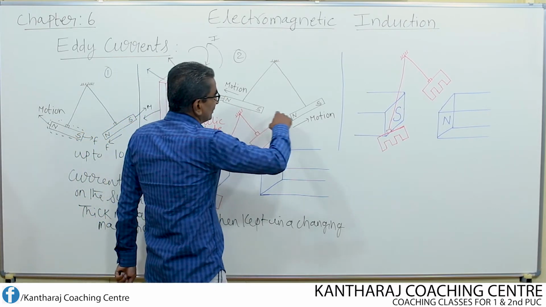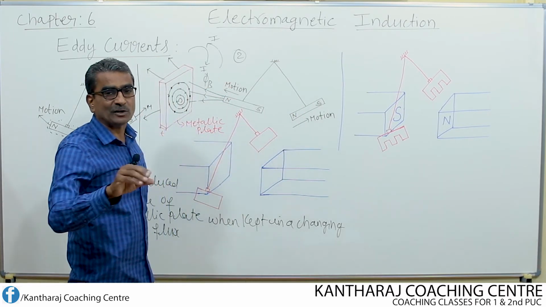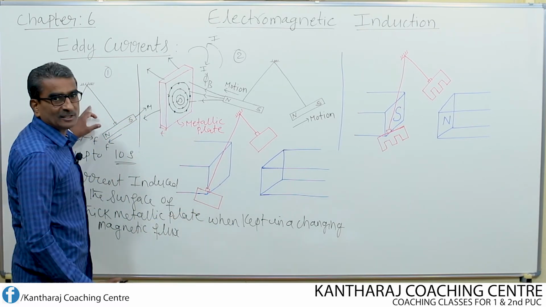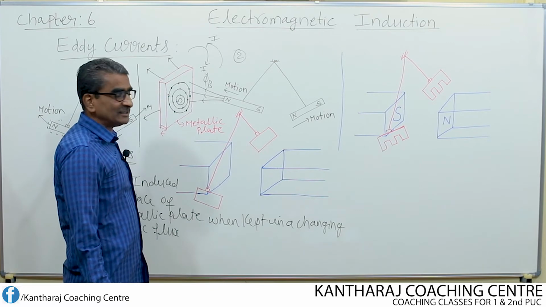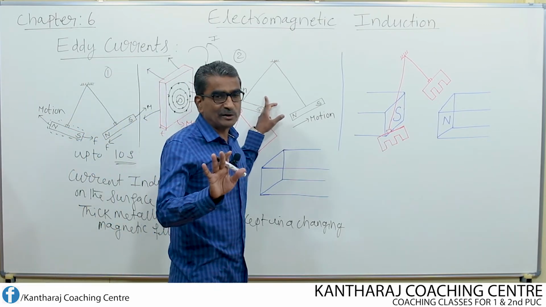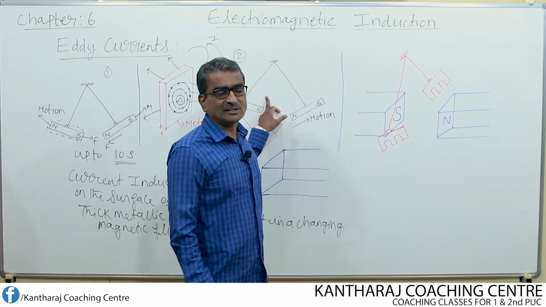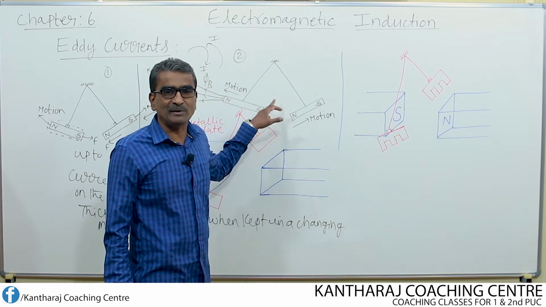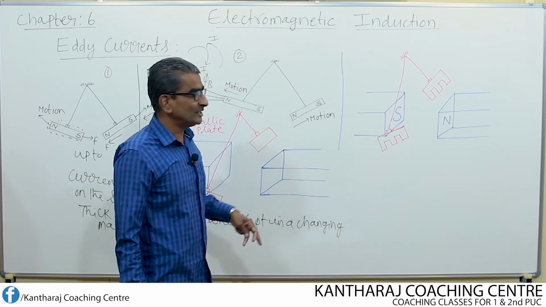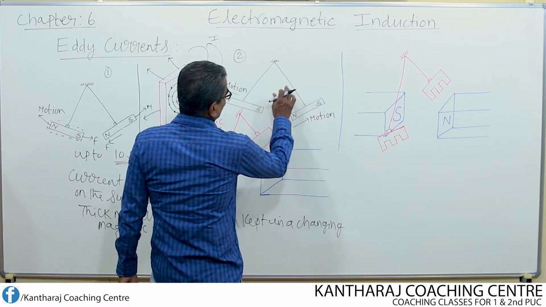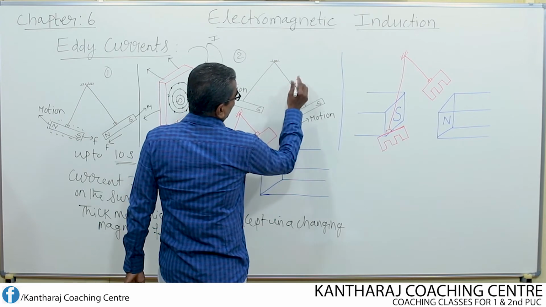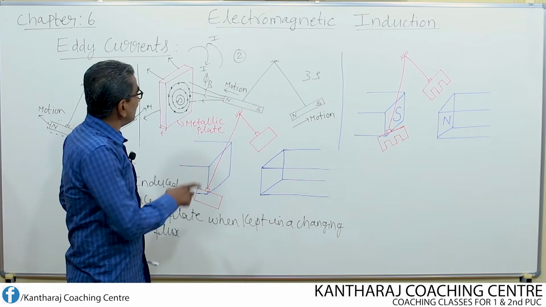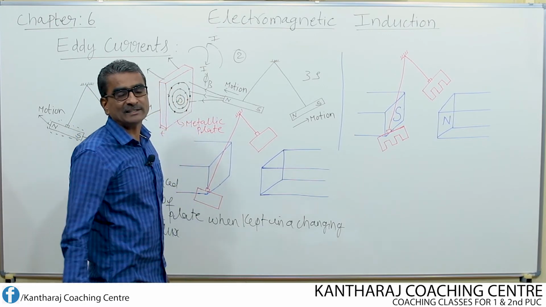The oscillation is not going to last for a long time, like about 10 seconds. The oscillation is going to get damped quickly. Damping means oscillation immediately ceases or stops. For example, the oscillation may stop within 3 seconds. It is just because of the eddy current.